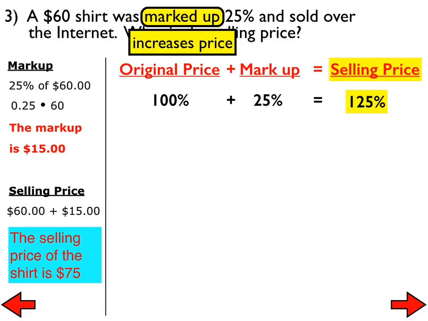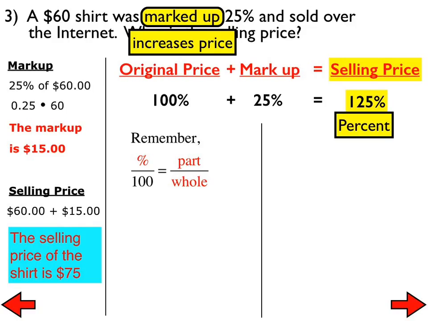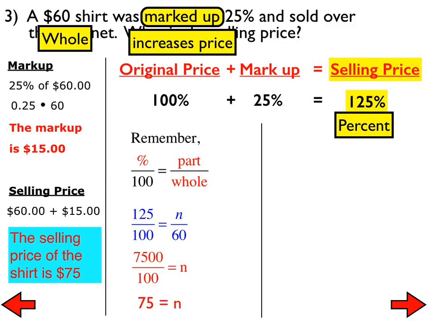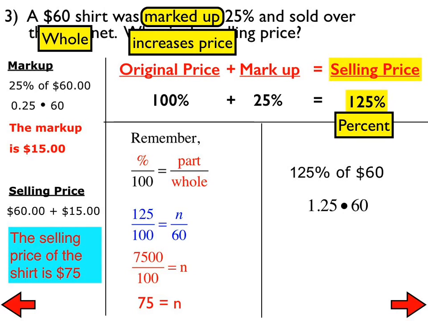Total, more than the whole cost. So your percent you're using is the 125 over 100, and the whole is 60, so that's the bottom number. And then you solve for n, which gives you $75. Then the fast way, the one that I like, is the 125% of 60, which is 1.25 times 60, which gives you $75. Who got this one correct?